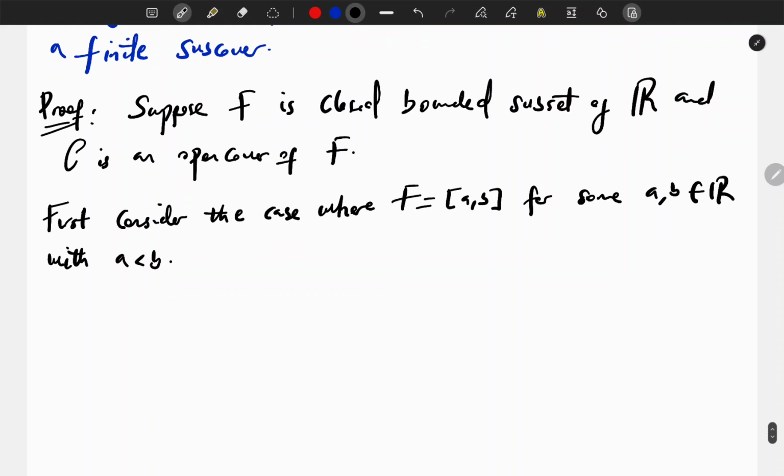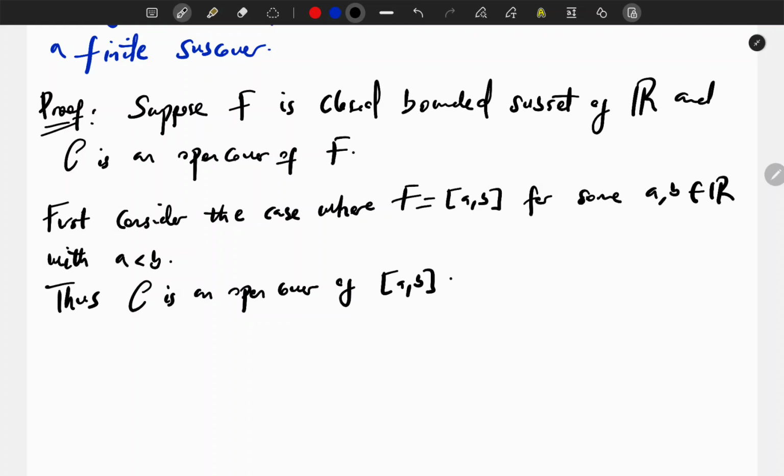Then we see that C is an open cover of [a, b].